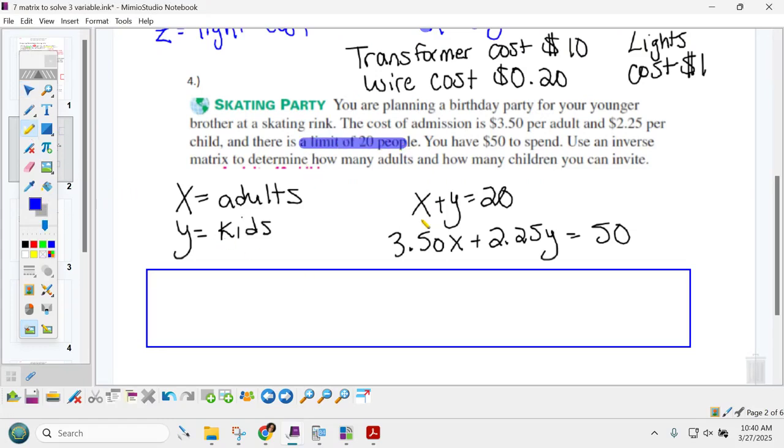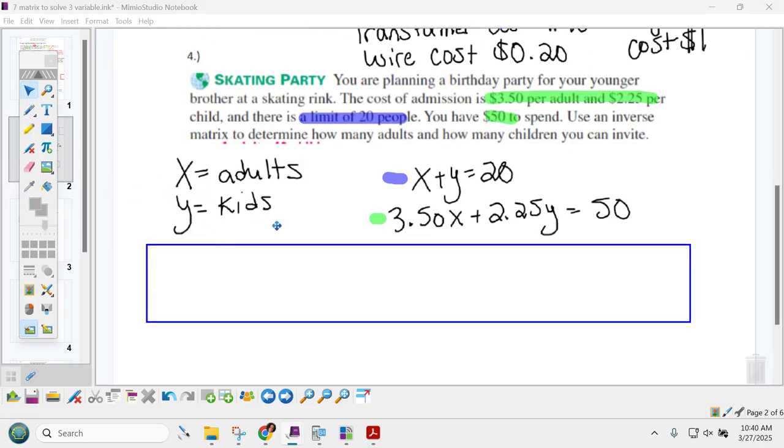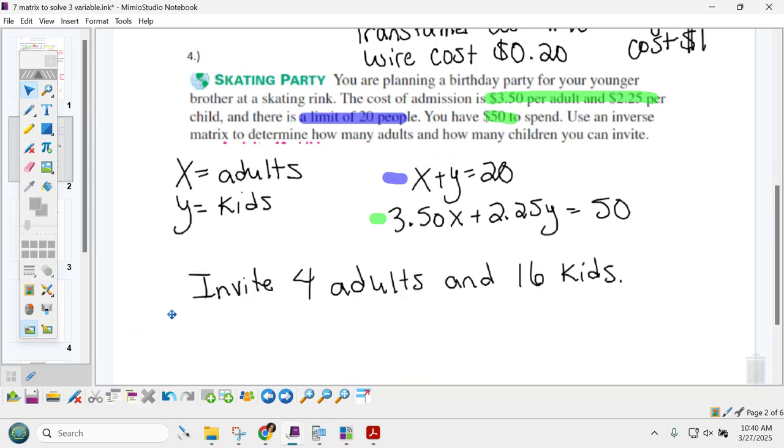So 20 people total, this equation. And then a money equation. Write that into a matrix. Type it in your calculator. Pause the video while you do that. And you would invite 4 adults and 16 kids. That should be your final answer.